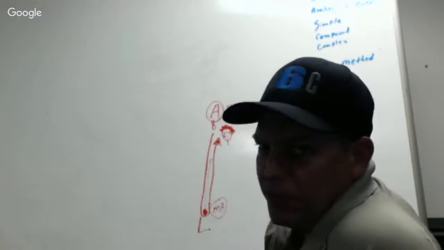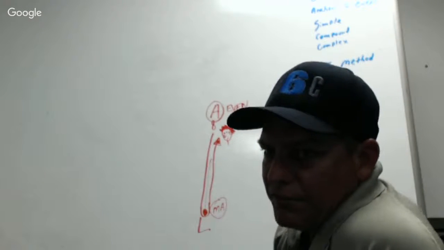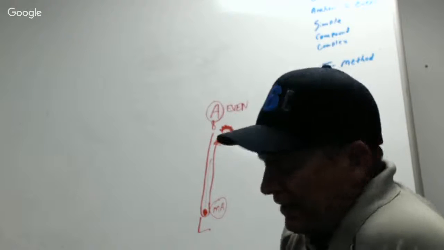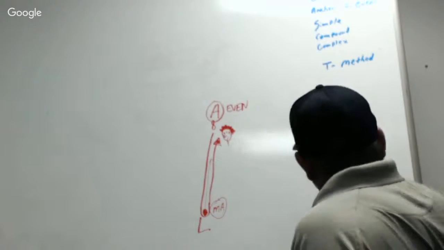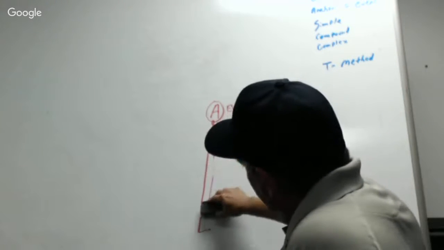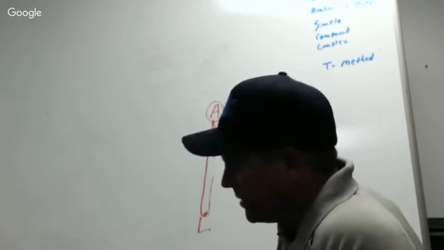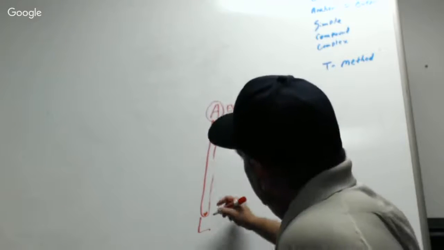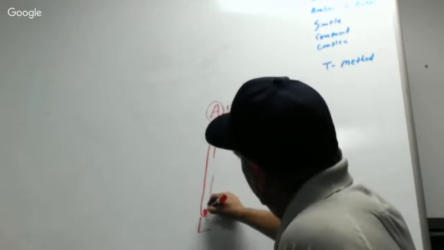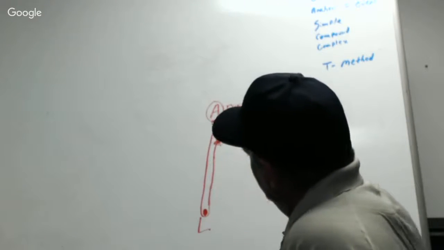So now we need to figure out what type of mechanical advantage we have. Now, in order to do that, we use what's called the T method, and it's a measurement of tension in units. So here's the pulley again. Here's the rope.